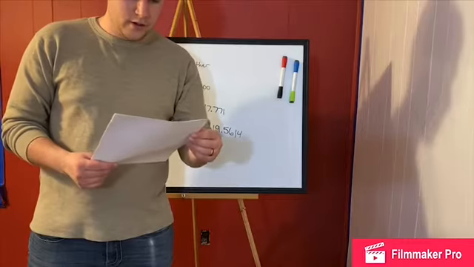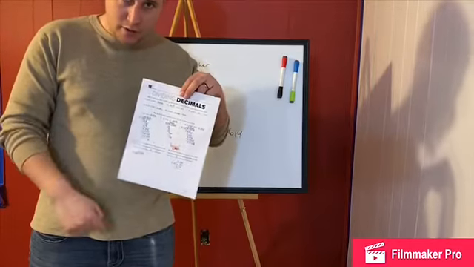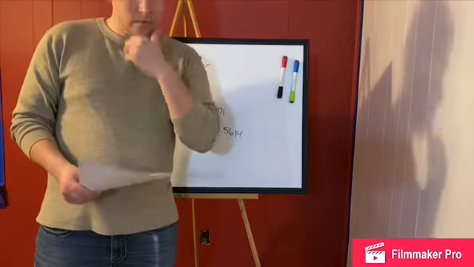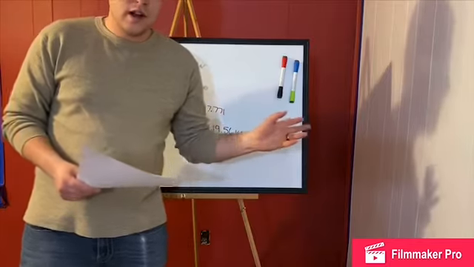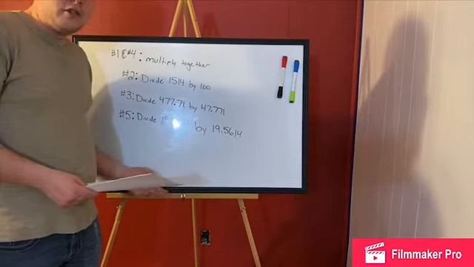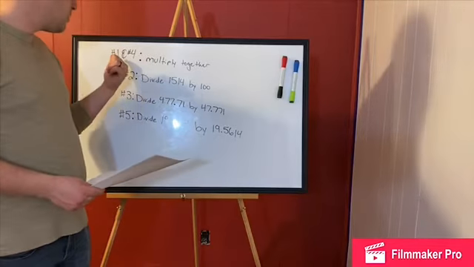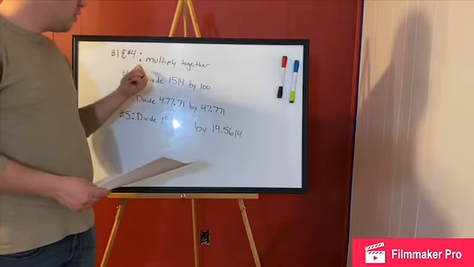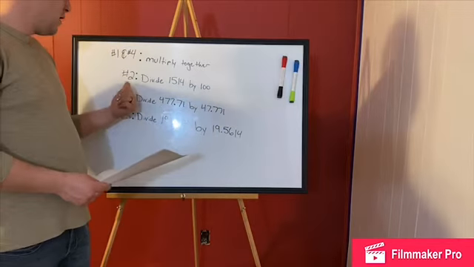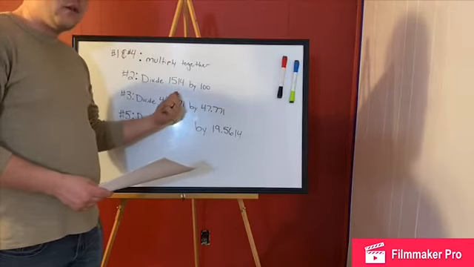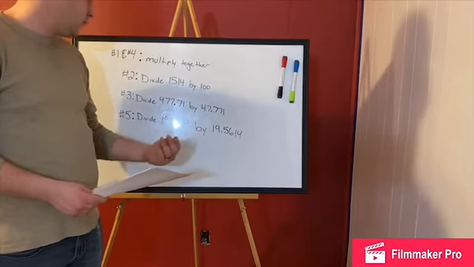On the front page here, we have a part 1 and a part 2. For part 1, you simply need to use your calculator to solve these. I have written here what you need to do as helpful hints. For questions number 1 and number 4, you multiply those numbers together. Number 2, you divide 1,514 by 100.